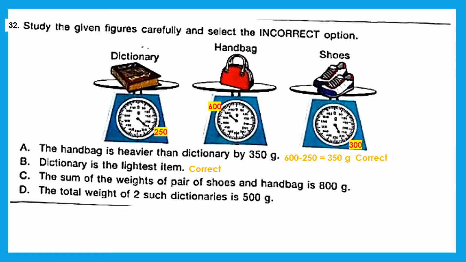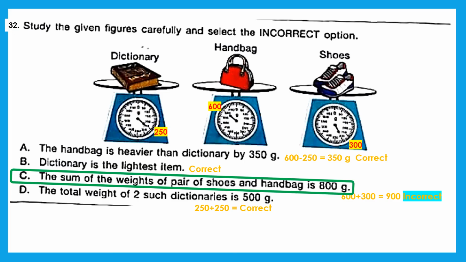Now handbag is 600 and pair of shoes is 300. So 600 plus 300 is equal to 900. Now this is incorrect statement. And for us, this is the answer. Option C. The D is the total weight of two such dictionaries is 500 grams, which is correct because 250 plus 250 equals 500. Option C is the answer for us.